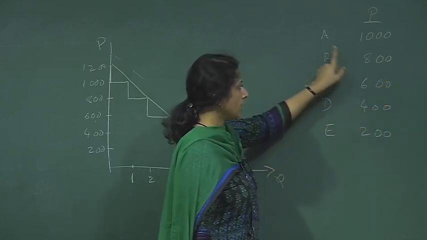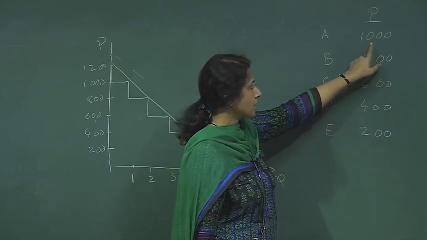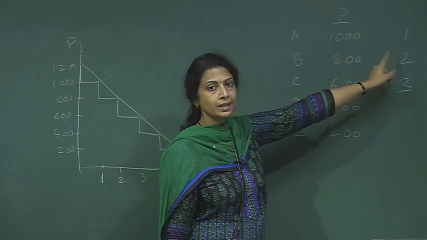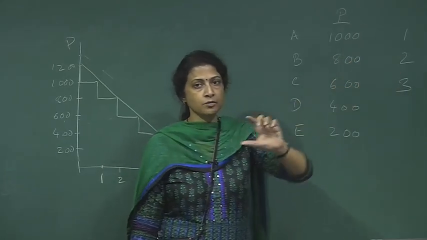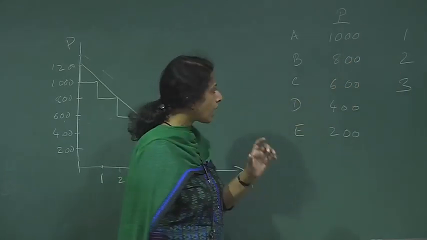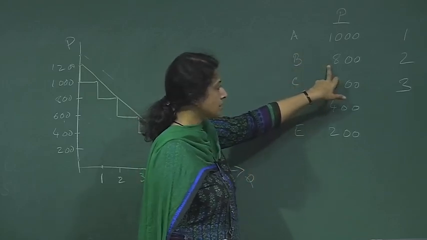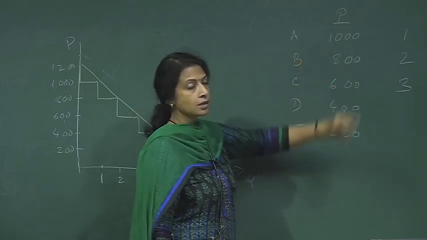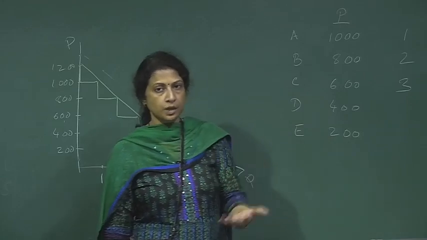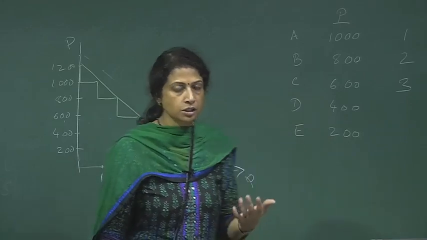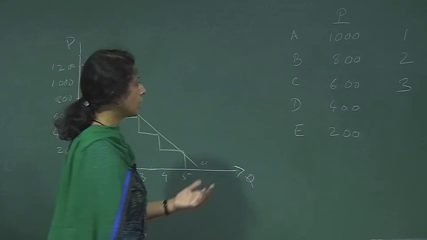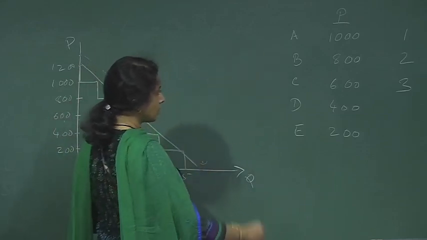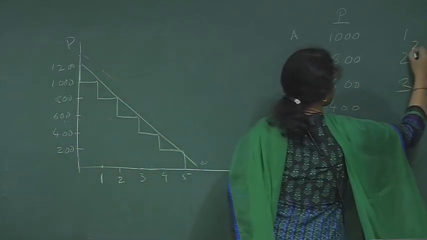But for A, he is paying 800. So, for him there is an extra benefit that he is getting by buying the t-shirt at 800. So, for A there is a kind of surplus of consuming this t-shirt for a price of 800. So, basically A gets a surplus of 200.